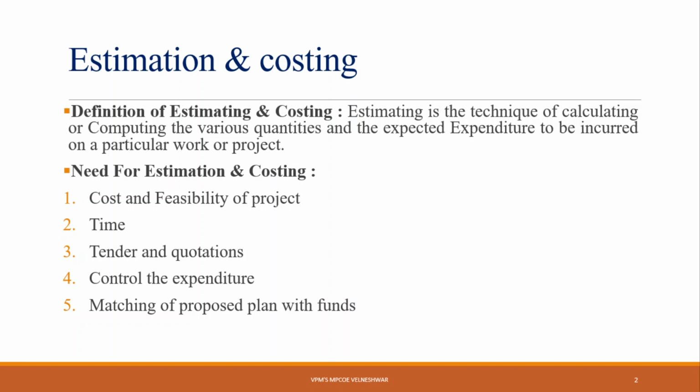Four labors will complete approximately 20 cubic meters of concrete in a day, so they will require 5 days to complete the 100 cubic meters. That means you get the time requirement to complete your work. This is also a need of estimation.